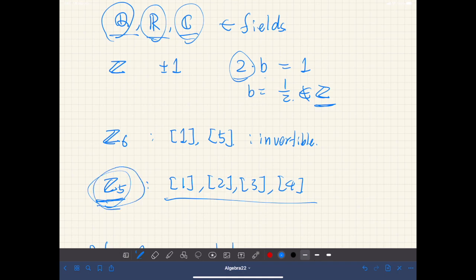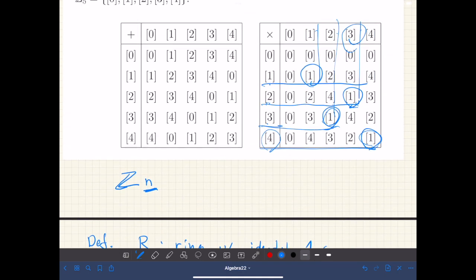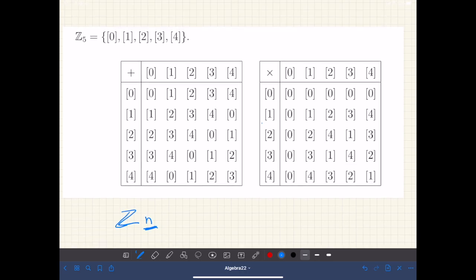And this Z5, is it a field? Every non-zero element in Z5 has an inverse, but for this ring to be a field, it must also be commutative. So 1 by 1 is 1, 1 by 2 is 2, 2 by 1 is 2.